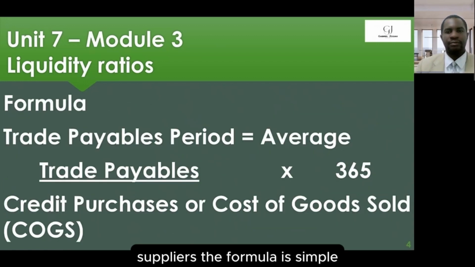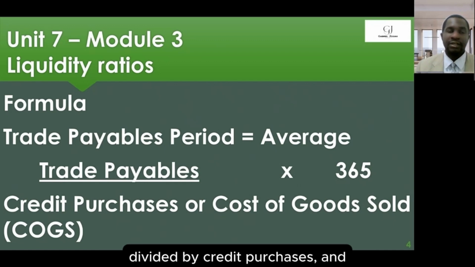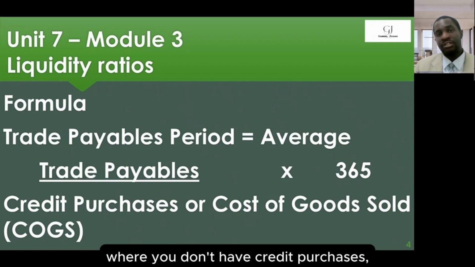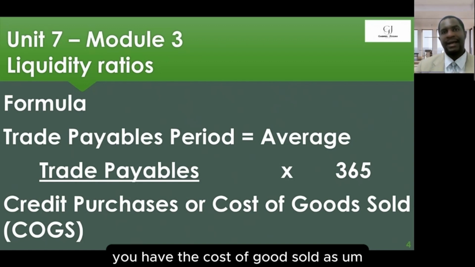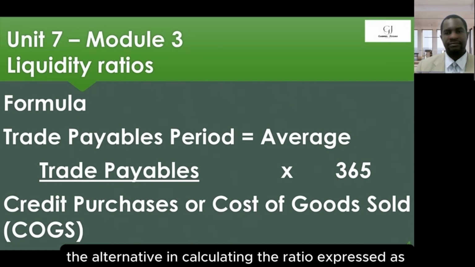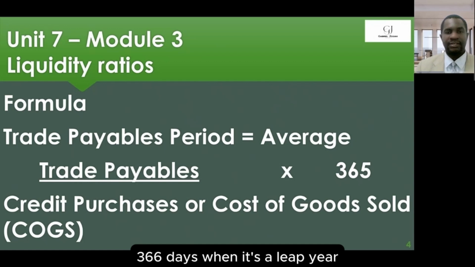The formula is simple. It's stated as the average trade payables divided by credit purchases. Where you don't have credit purchases on the financial statements, you have the cost of goods sold as the alternative, multiplied by 365 days, which is typically a year, or 366 days when it's a leap year.